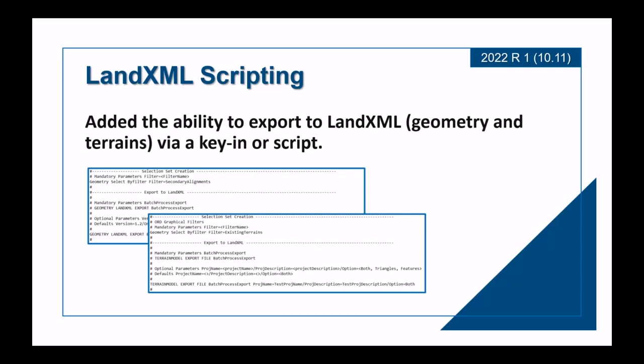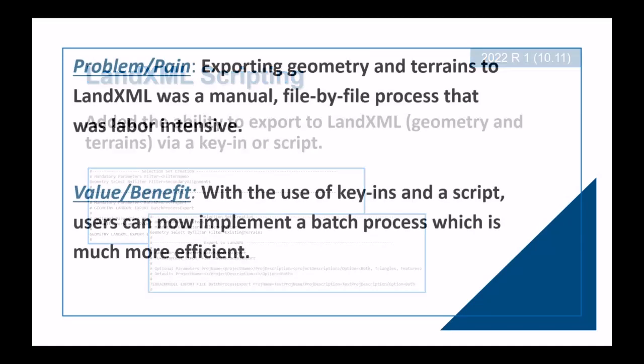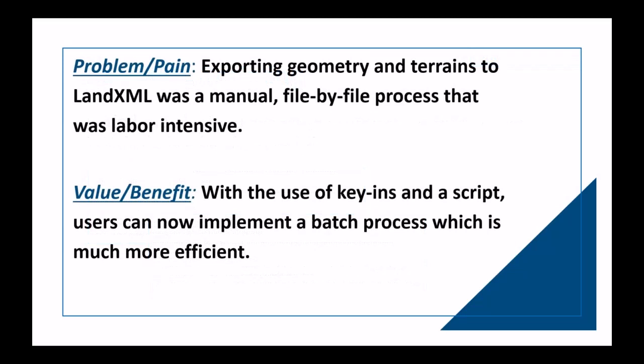Another thing that we did in 2022 R1 was we added the ability to do LandXML scripting. So basically we added some commands that you can use via a batch process to export your geometry and export your terrains out to LandXML files.